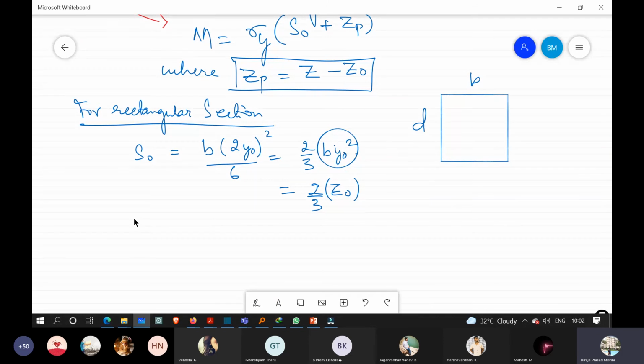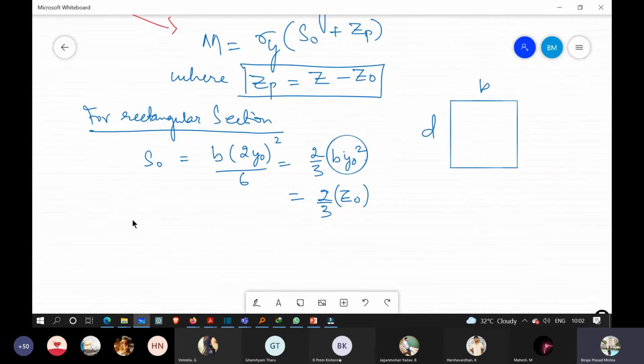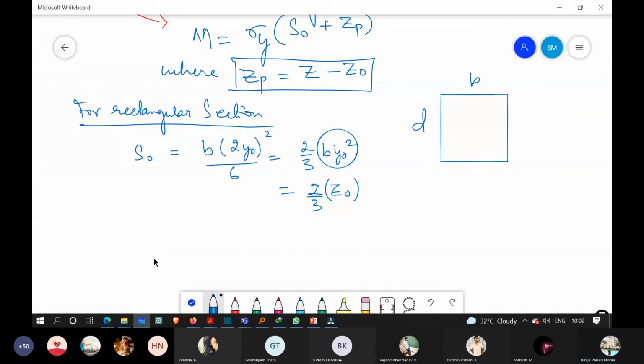Now, Z0 equals 2b into y0 into y0 by 2, so that becomes b into y0 square.